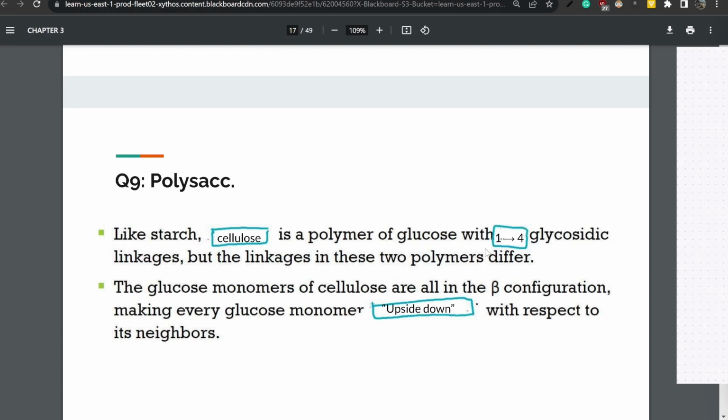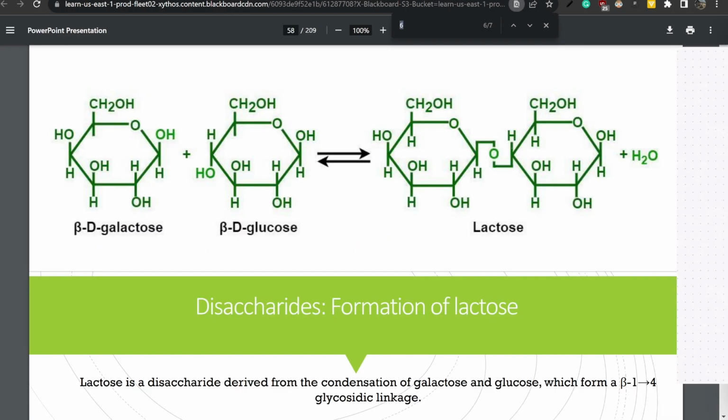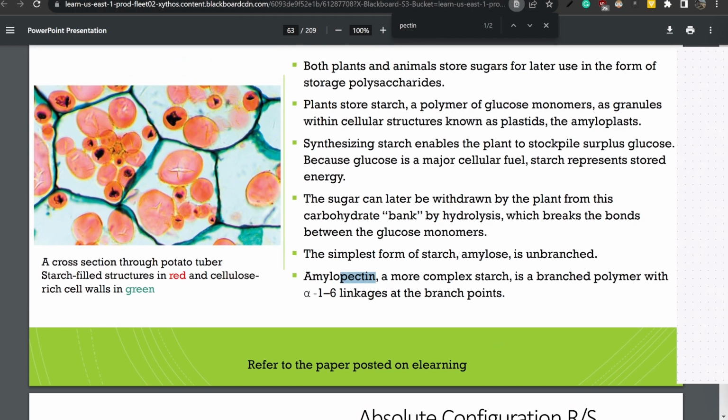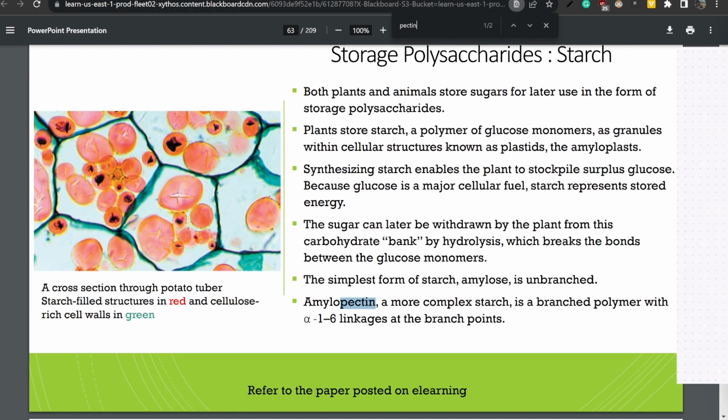The only thing I've seen is 1,6 amylopectin, which was really weird. I have no idea. This is complex starch. Branched polymer.